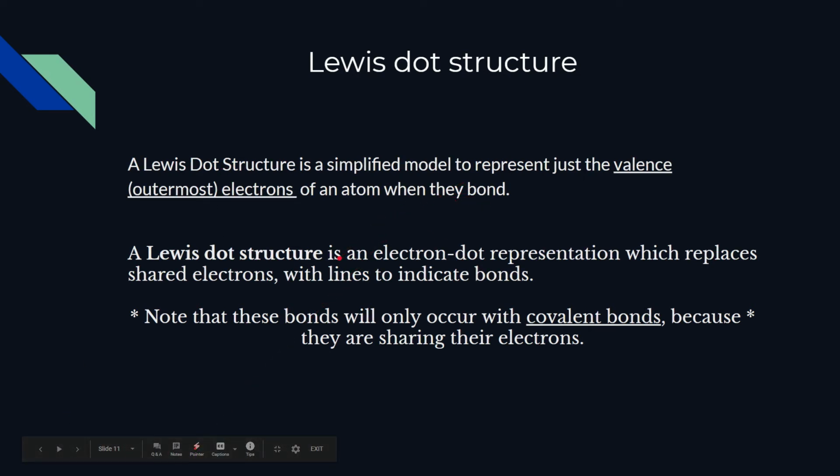A Lewis dot structure is an electron dot representation which replaces the shared electrons with lines to indicate bonds. Note that these bonds will only occur with covalent bonds. It's not ionic that this happens because in ionic you gain or lose, and we're sharing here. So if you're sharing, you need to be covalent.